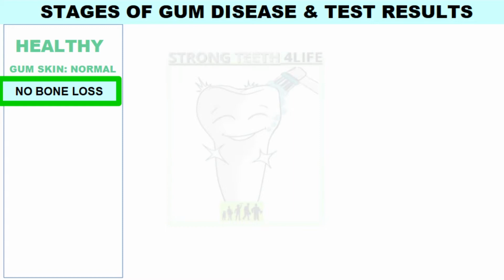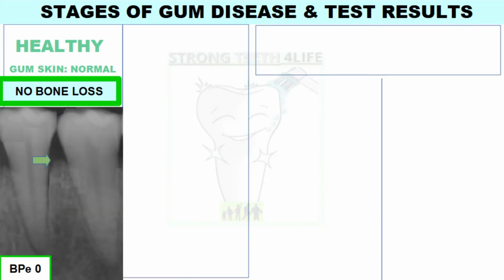Stages of gum disease and test results. When you have healthy gums with gum skin being normal and no bone loss, then the test results are a BPE gum score of 0 and X-rays showing normal levels of bone.